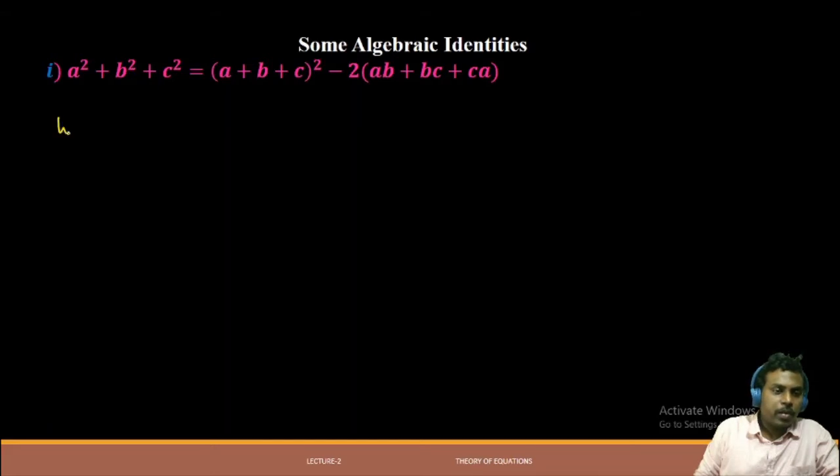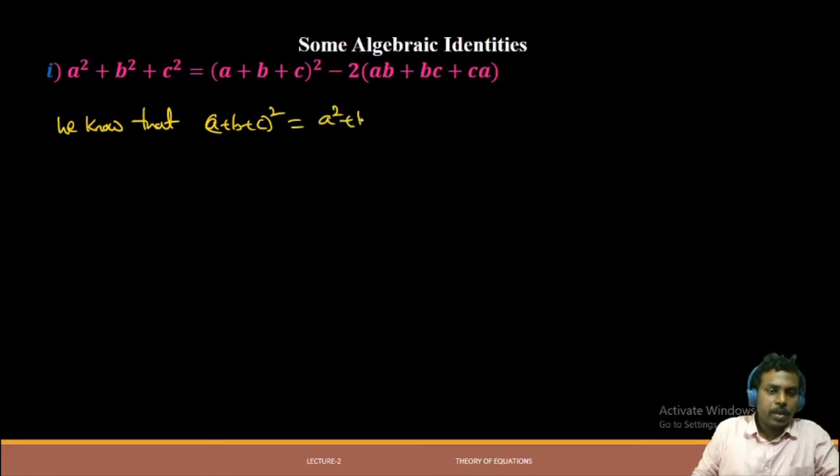We know that a plus b plus c whole square is equal to a square plus b square plus c square plus 2ab plus 2bc plus 2 into ca.